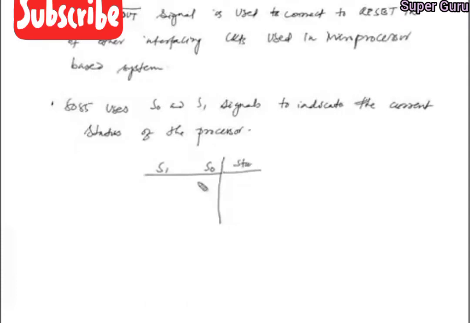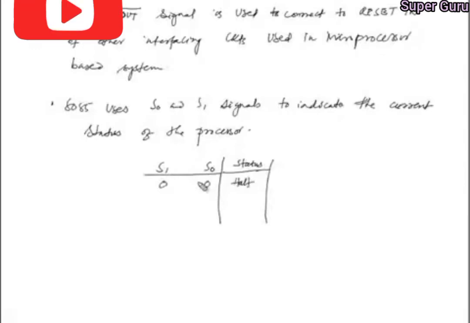If S1 and S0 are both 00, then the status will be halt. If S1 is 0 and S0 is 1, then the system will write.